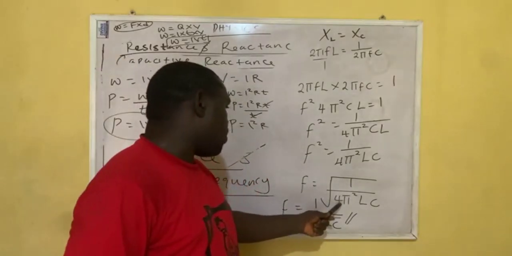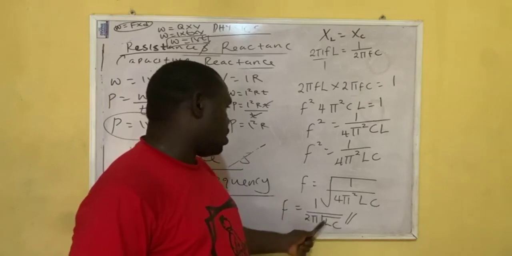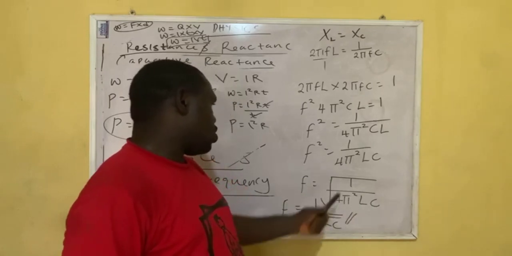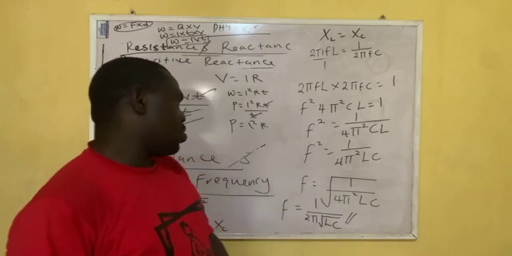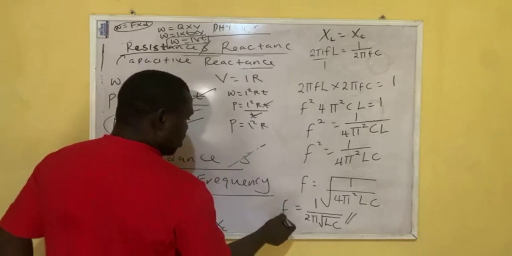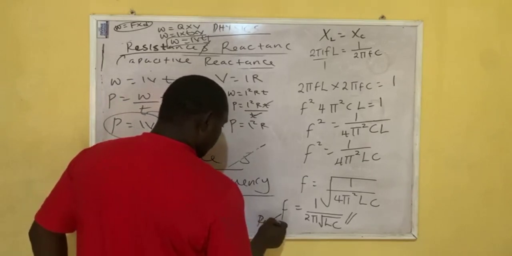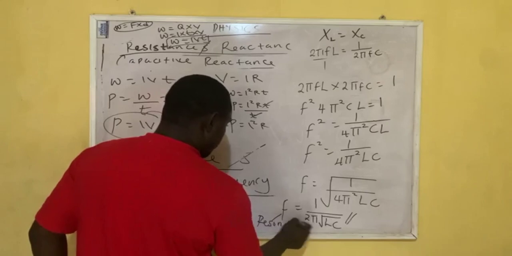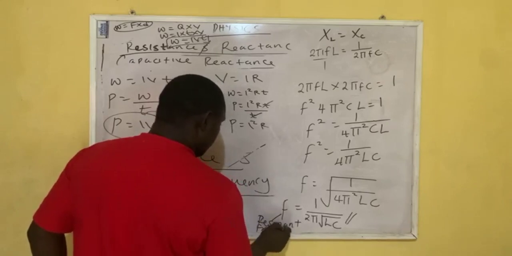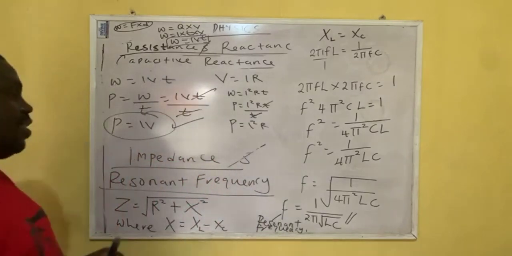The square root of 4 is 2, and the square root of 1 is 1. So this is very clear. So this is called resonant frequency. So that's our resonant frequency.